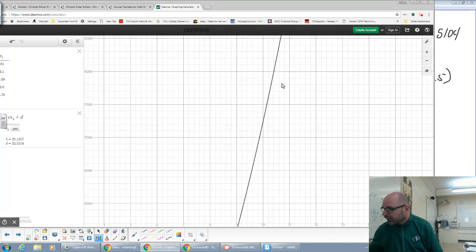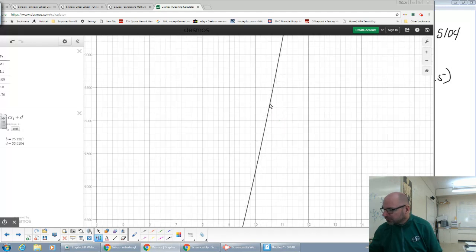So 10.5, now if we go in here, it should be in there. Keep going down a little bit more. Okay, 10.5 is 8,181.469. That matches up with our graph, as it should.